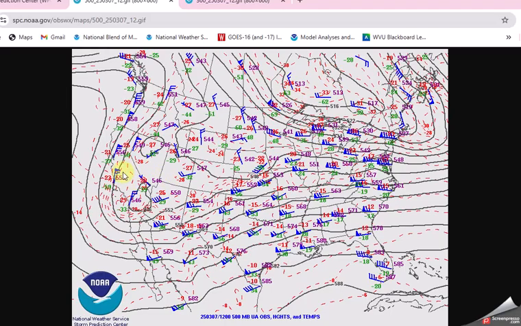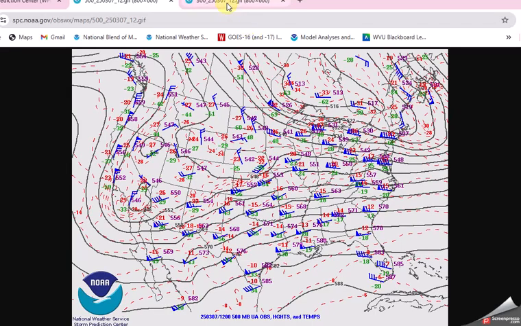Another area of low pressure down here, but they're not blowing in towards the low as much. They're blowing more with the contours around the low. And notice how much stronger the winds are up here. We were looking at 15, maybe 20 mile an hour winds down there. Here, 70 mile an hour. Some of the stronger winds up in this area, almost 100 mile an hour.